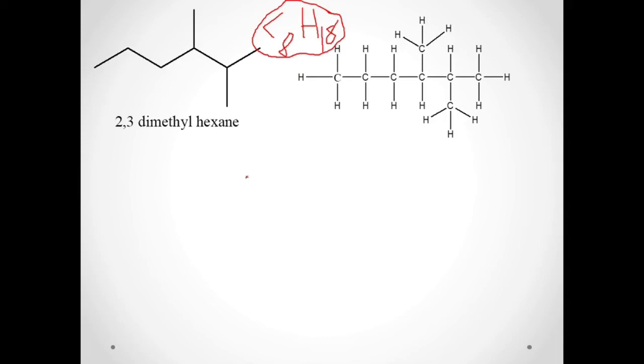Now let's move to the condensed formula. How do we do the condensed formula? We're going to slice the structural formula: this portion, that portion, this portion, that portion, this portion here. We have another portion there, and the last portion is there. We write this first: that is C, H, and how many hydrogens?